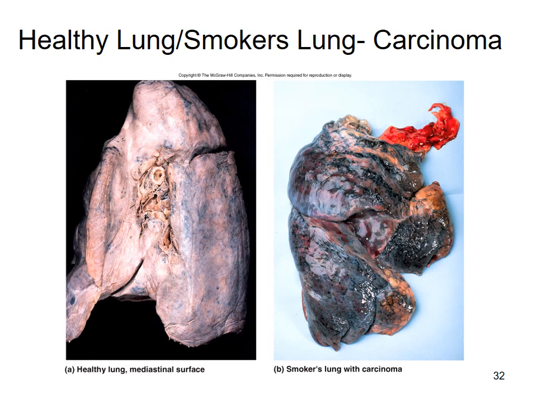And on our last slide right here, I just want to show you a quick comparison of a healthy lung versus a smoker's lung with carcinoma. On the healthy lungs, you see all that healthy, beautiful tissue, all that pink, full of elasticity, able to inflate and deflate. And then on the right-hand side, notice how the lung is smaller.